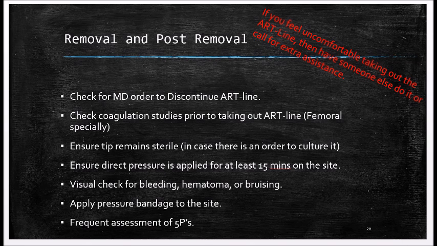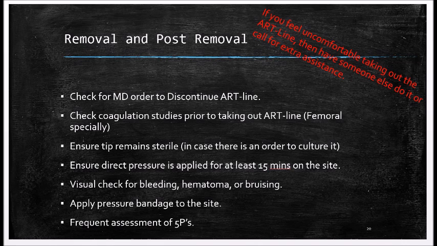So removal and post-removal, again, check first that there is a doctor's order to discontinue the arterial line. Or if you're in the ICU or critical care departments, a lot of times you can use judgment.